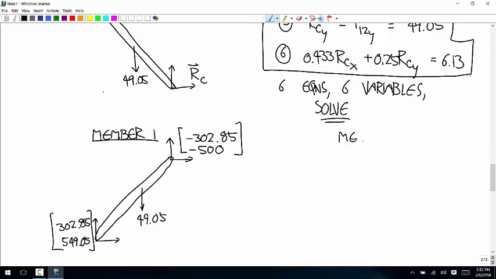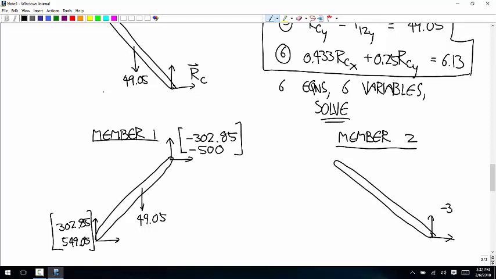And then member 2, in C you have negative 302, positive 549, and then you have the weight.